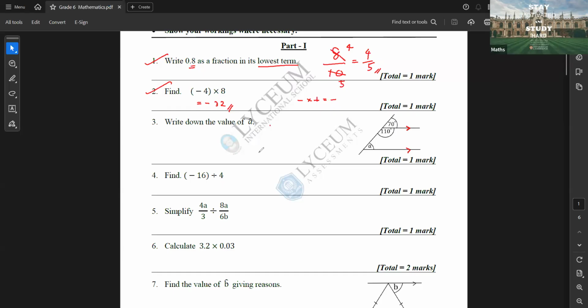How to do this type of question: it's parallel. So this angle addition, let's say x and y. Here x plus y should be how much? 180. What's the reason? Interior angle. So you have to apply that theory here.